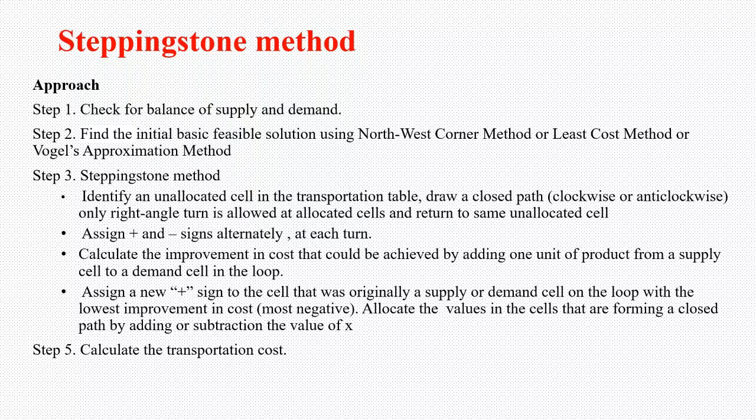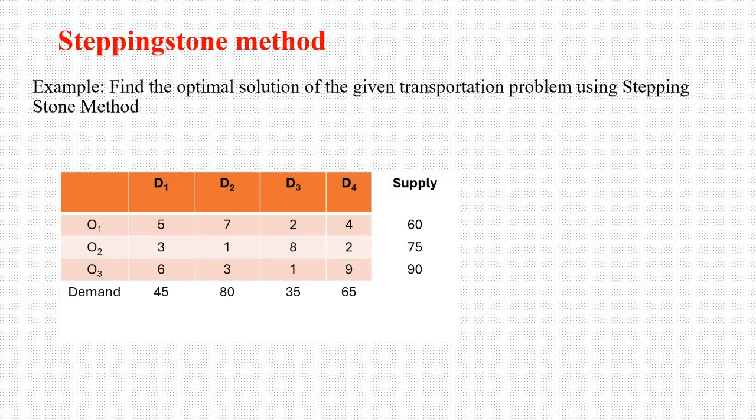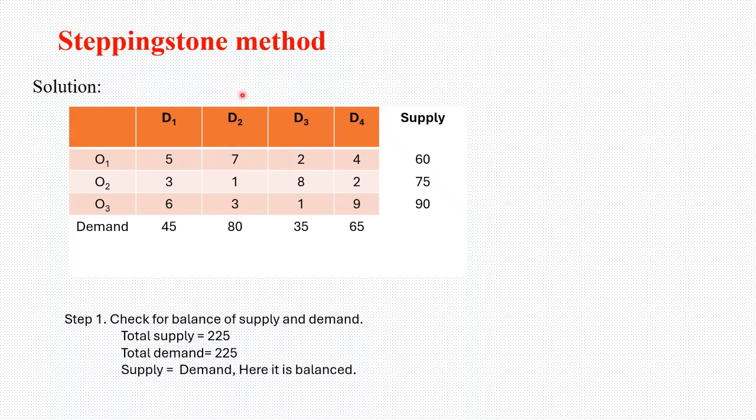Let's understand it clearly with an example. Example. Find the optimal solution of the given transportation problem using Steppingstone method. Solution. Step 1. Check for balance of supply and demand. Adding supply, total supply is equal to 225.